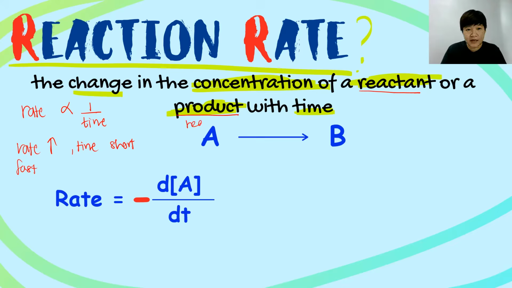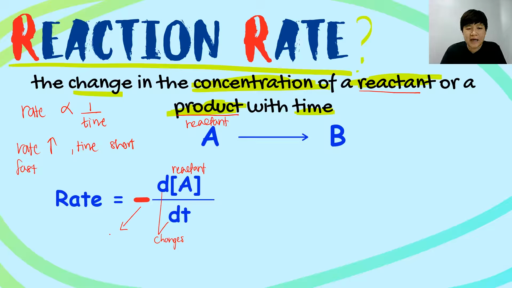So this is my reactant. The square bracket denotes concentration, so it is the change in concentration of reactant over the change in time. The d over here means change.